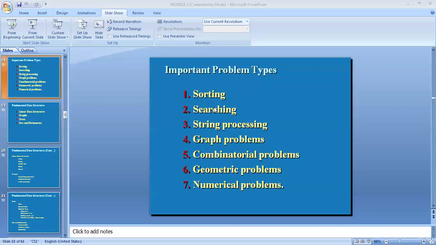The next variety of problem is the combinatorial problem. The traveling salesman problem and the graph coloring problem are examples of combinatorial problems. These problems ask us to find a combinatorial object, such as a permutation, combination, or subset, that satisfies certain constraints and has some desired costs as well.